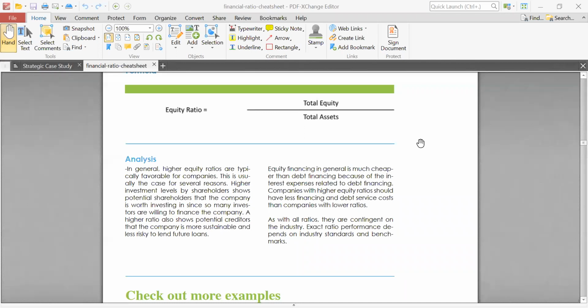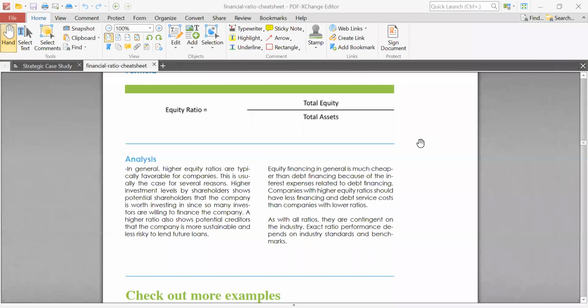So a high equity ratio is favorable for the business, because you don't want a situation where your company is financed a lot more by external bank loans.